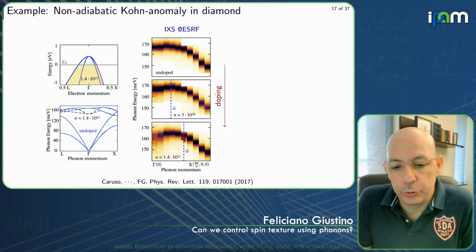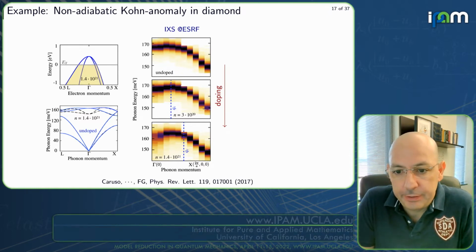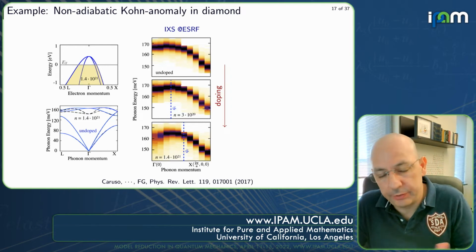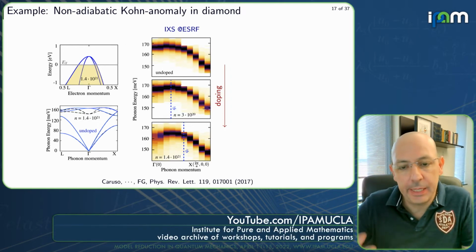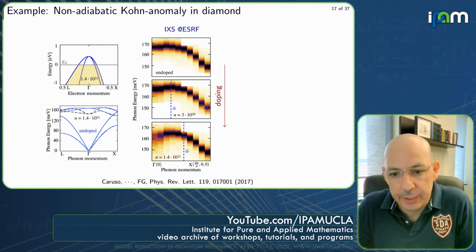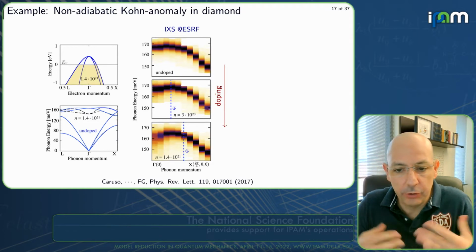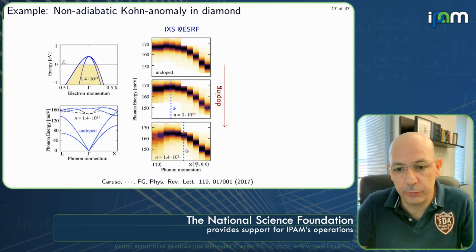In order to do a better job, one can go back to the formalism I discussed and perform the same analysis for the phonons, studying how the phonon Green's function is affected by the electron-phonon self-energy. This leads to a similar concept where you can calculate self-energies and spectral functions for phonons.